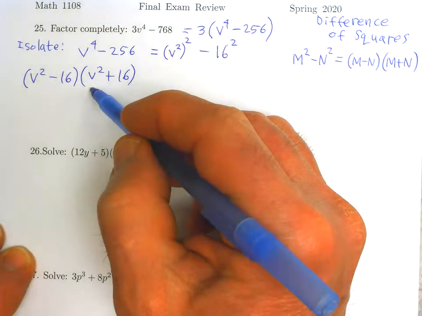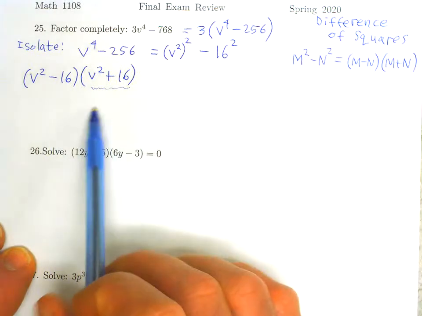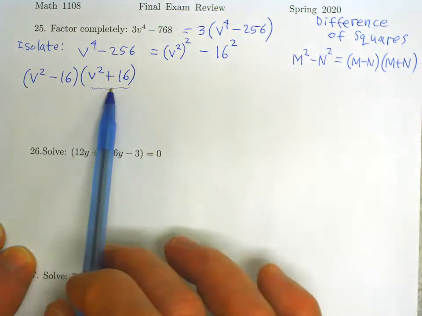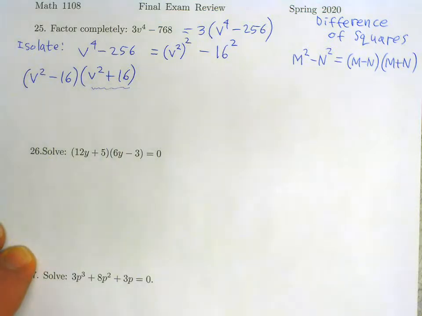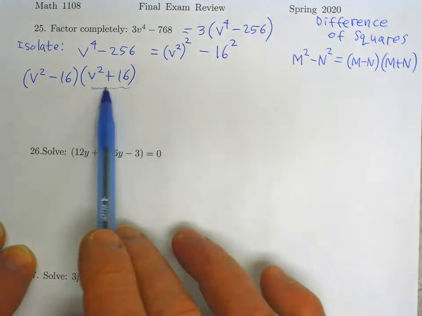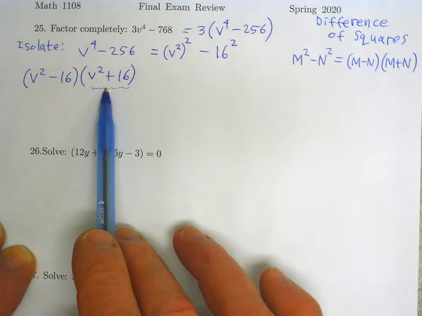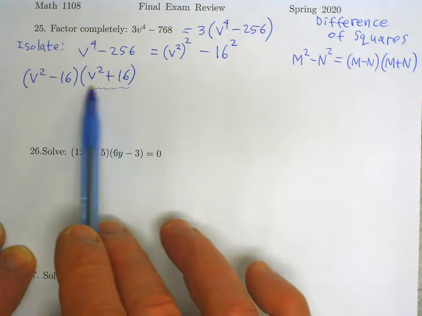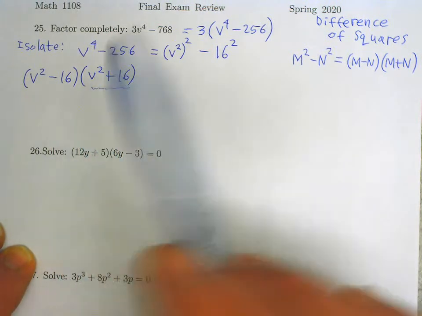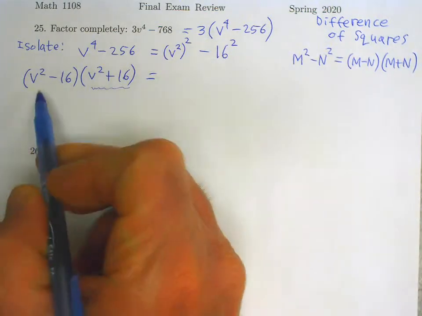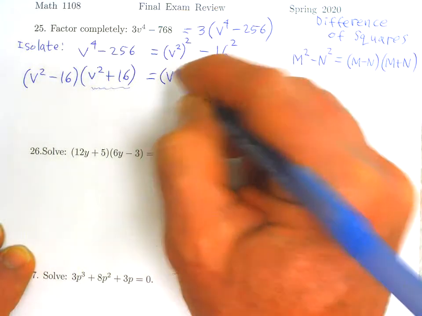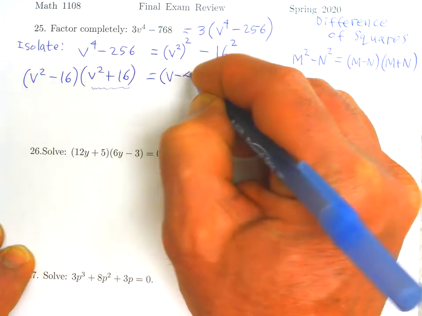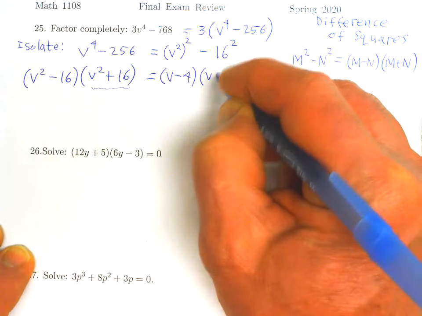So in this course, we just stop. We don't factor a sum of squares. Even though it can be factored, it involves numbers that are not real numbers. So we just leave the sum of squares alone. But we will factor v to the second minus 16. One of its factors is v minus 4. The other factor is v plus 4.